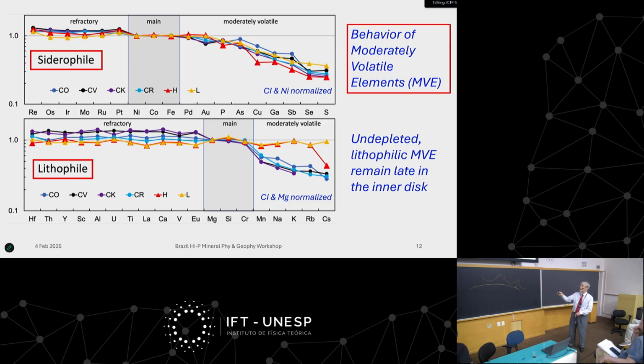And when you get a meteorite, such as the ones that are being plotted right here, these are the chondrites. In the chondrites, you can look at both the iron-loving elements and the rock-loving elements. And you can find that there's a whole bunch where the elements are in equal proportion. We call these the refractory elements.